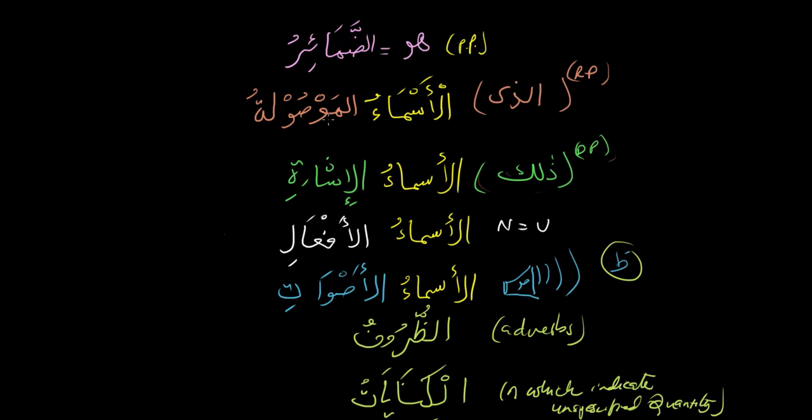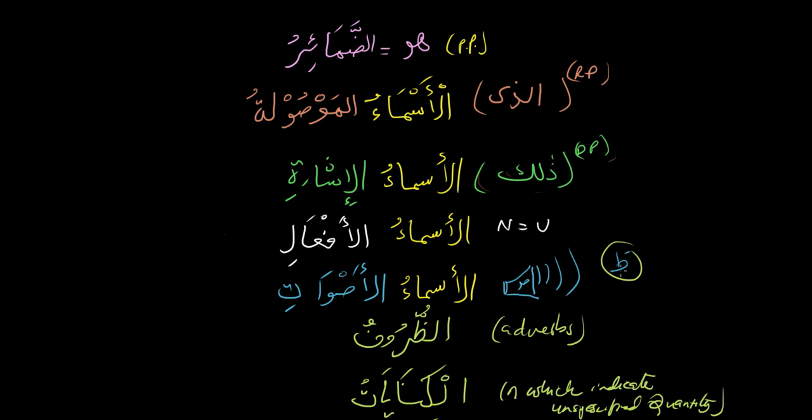Asma'ul mawsula, allazi, the relative pronouns. Al asma'ul ishara, the demonstrative pronouns. Asma'ul af'al, nouns that act as verbs. And asma'ul aswat, nouns that represent sounds of things and have a sound symbol.